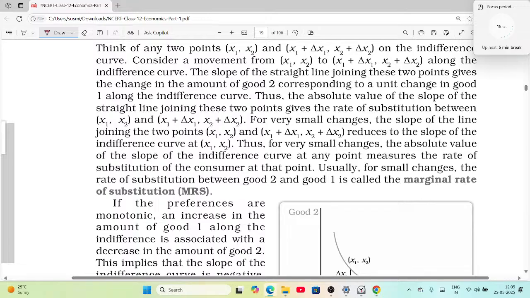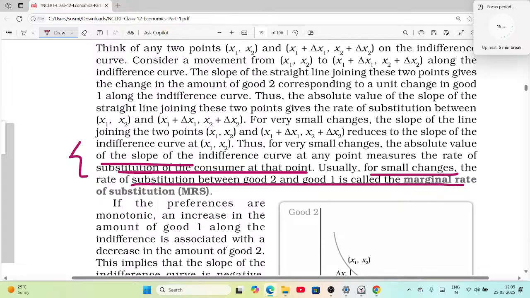The absolute value of the slope of the indifference curve at any point measures the rate of substitution of the consumer at that point. Usually, for small changes, the rate of substitution between good 2 and good 1 is called the marginal rate of substitution, MRS.